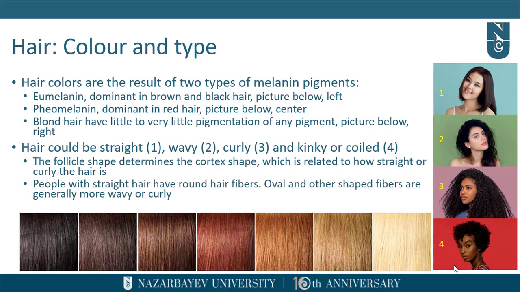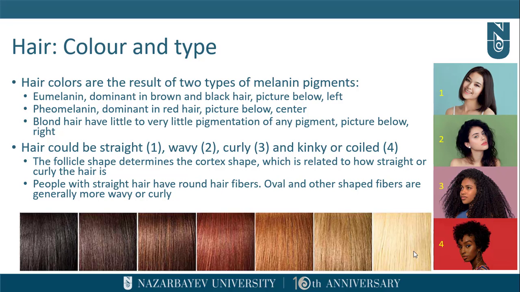And blonde hair people do have very little pigmentation, and that's why they have a very pale color of their hair. And also, as a person ages, melanin tends to decrease, and the hair starts to lose its color and becomes gray and white.